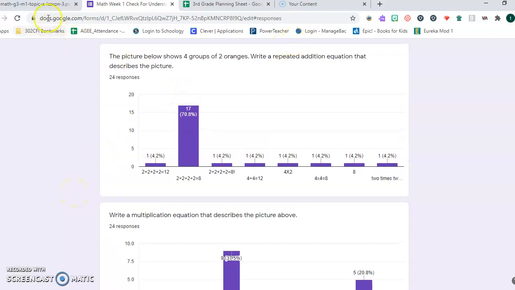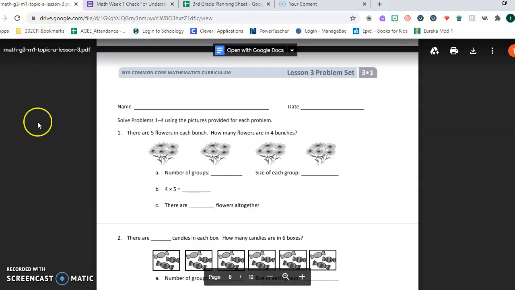I want to get into the lesson for today, which is all about understanding the group size and number of groups being the factors in a multiplication equation. So we are working in your workbook on lesson 3 problem set. Lesson 3 problem set gives us these instructions.